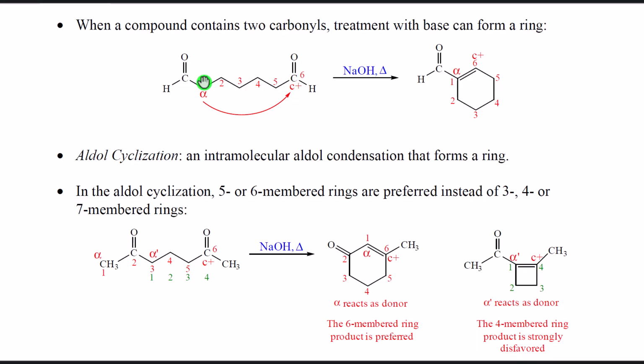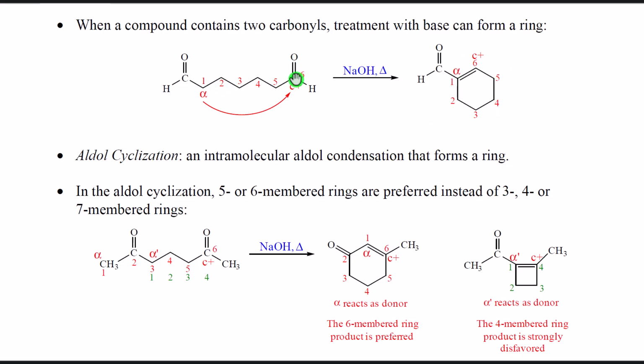I've numbered starting from the alpha carbon of one of the aldehydes to carbon plus of the other aldehyde to show how many carbons would be in a ring that would be formed if we attached the alpha carbon to carbon plus from here to there. This would form a 6-membered ring like this.